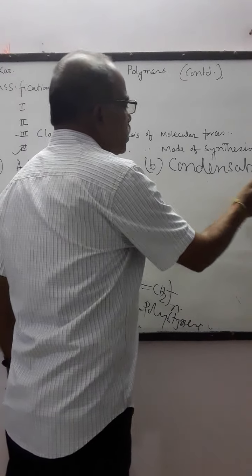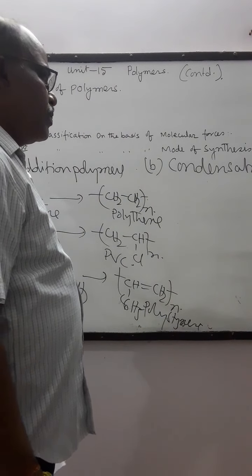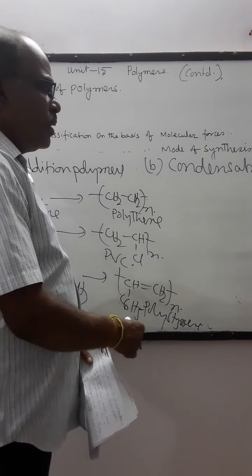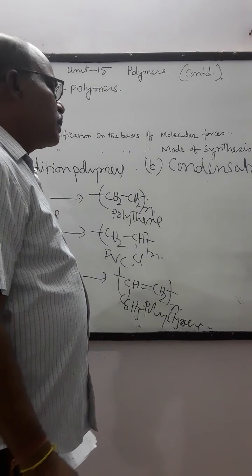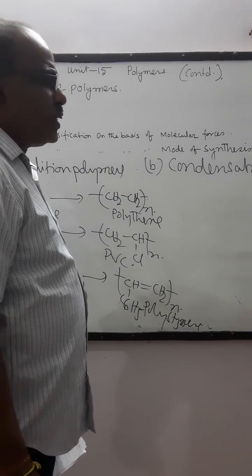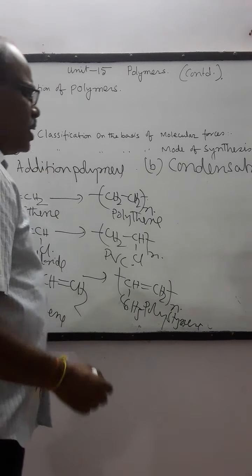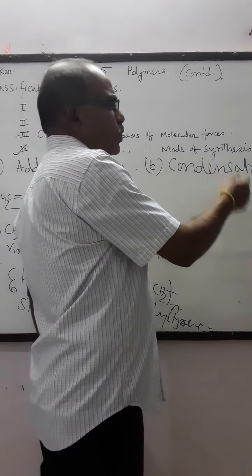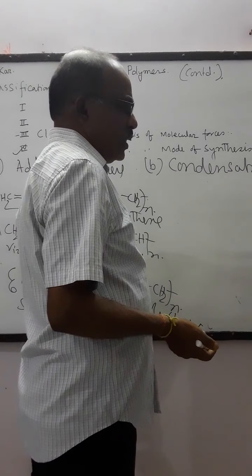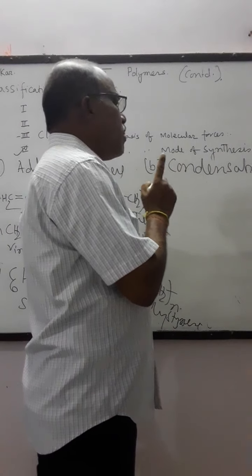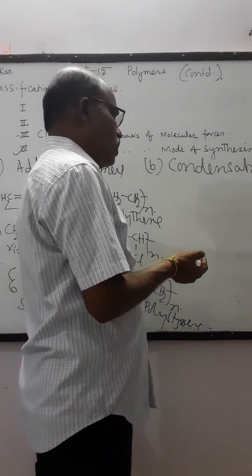Next we consider condensation polymer. Polymer where two or more monomeric units are present. Here only one monomeric unit, but here two or more monomeric units are present, and they must contain bifunctional or trifunctional group.